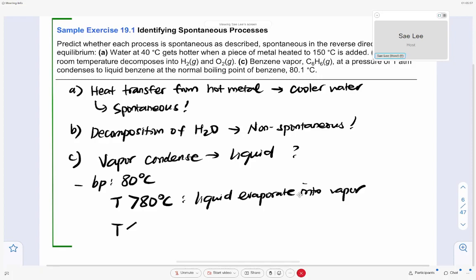How about temperature below the boiling point? The vapor will condense into liquid.